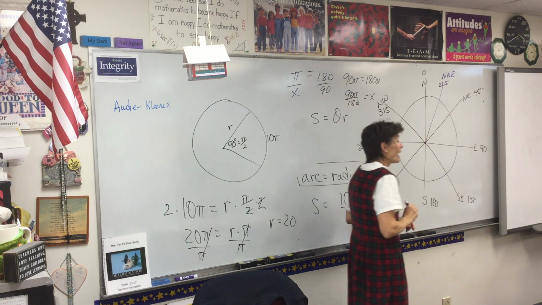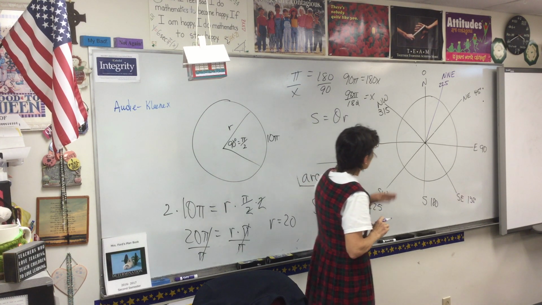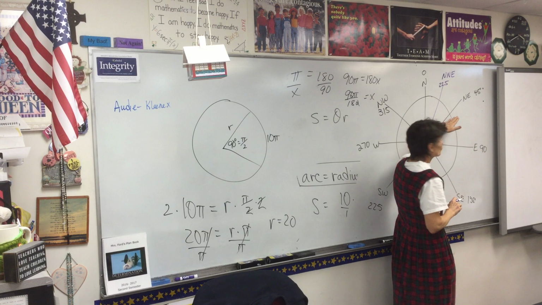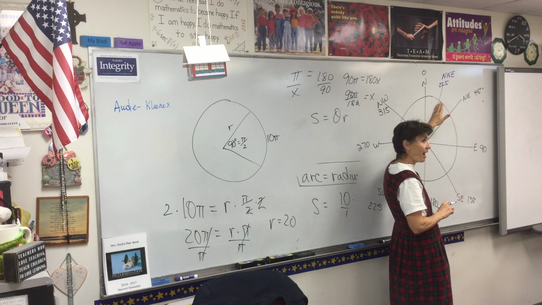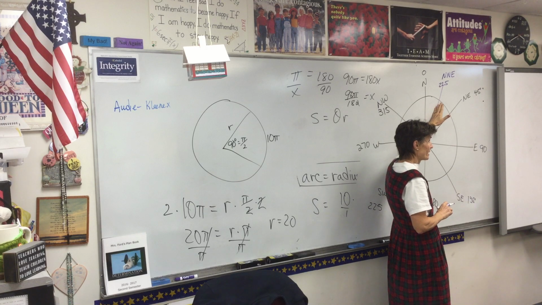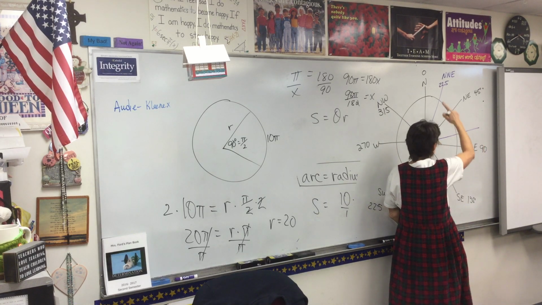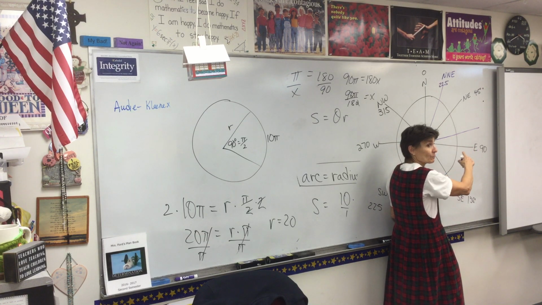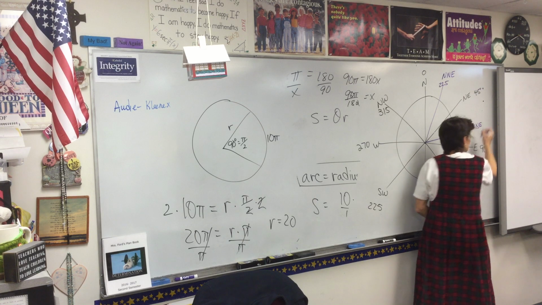Now, why it's called north, northeast is because here's the northeast line, and it's on the north side of the northeast line. When I draw this one in, it is still in the northeast quadrant, but it is east northeast.